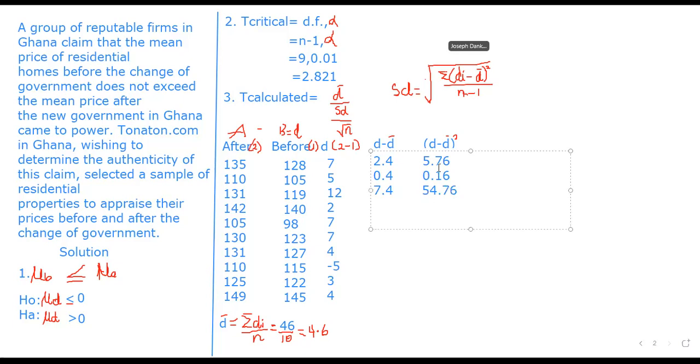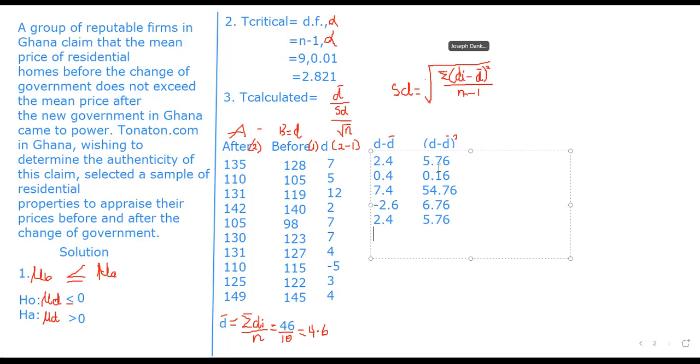Next one, negative 2.6, square it, 6.76. The 7 will be the same as the first one, 2.4 and 5.76.